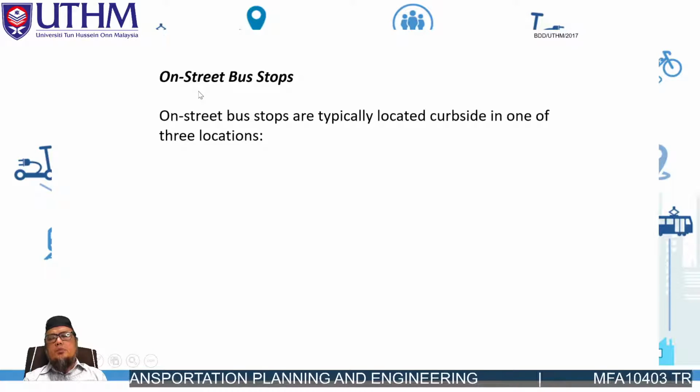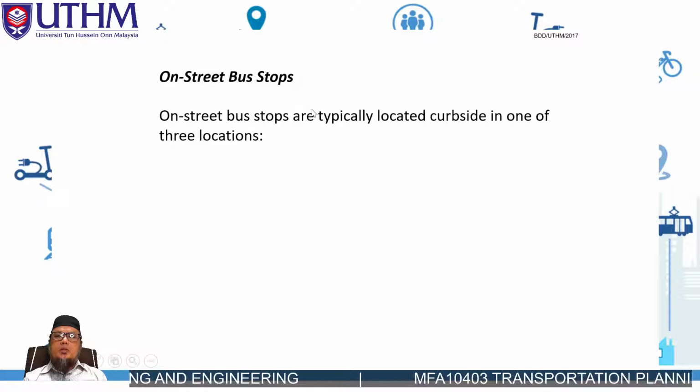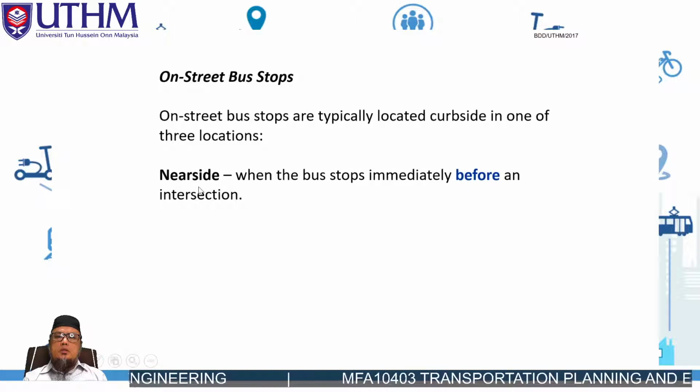Okay, so now we look at the layout for on-street bus stops. On-street bus stops are typically located curbside in one of three locations. We might have a near side stop, when the bus stop is immediately before an intersection.